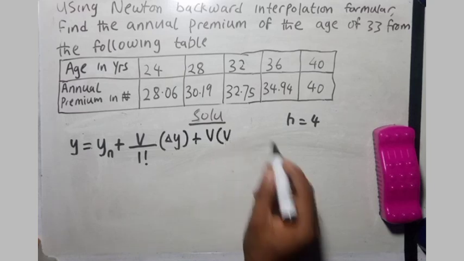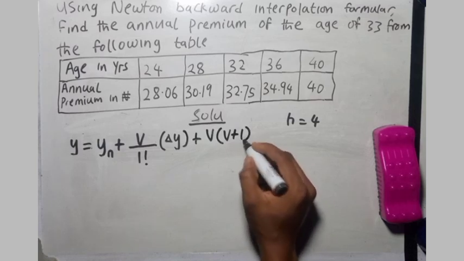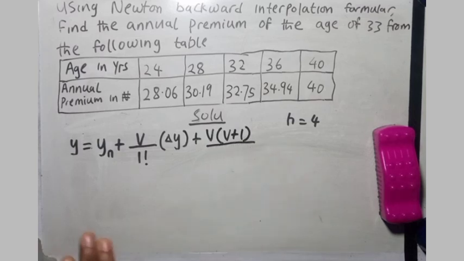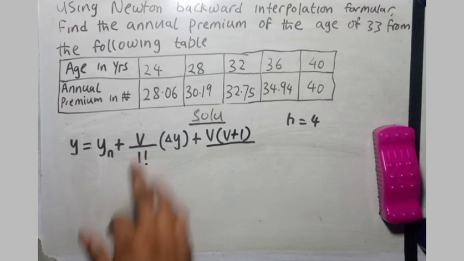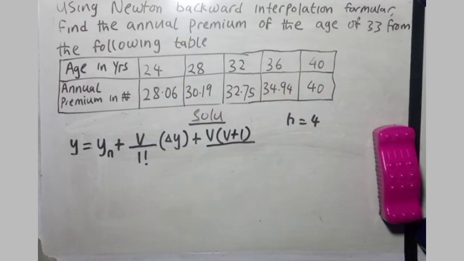This one is not going to be v minus, but v plus 1, all over 2 factorial. If you notice, we have 5 values given to us, so we are going to have 5 separate additions.